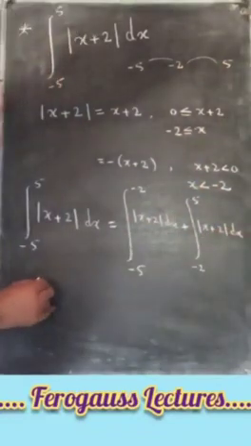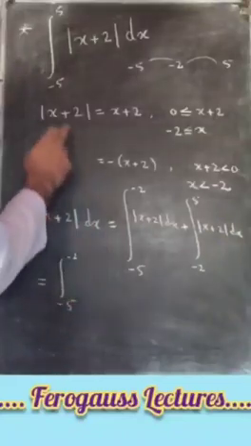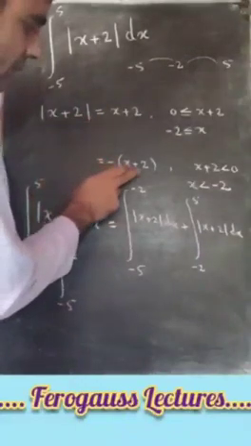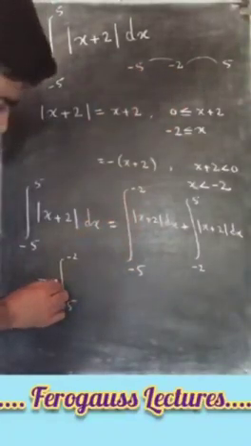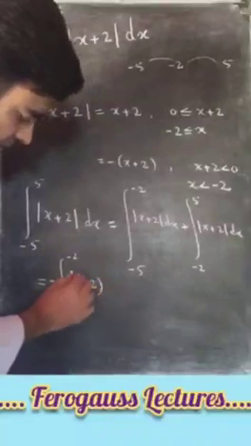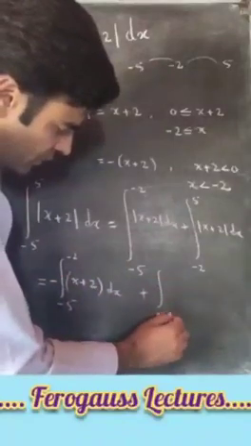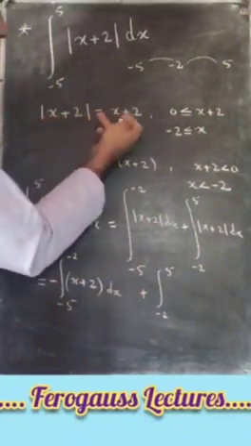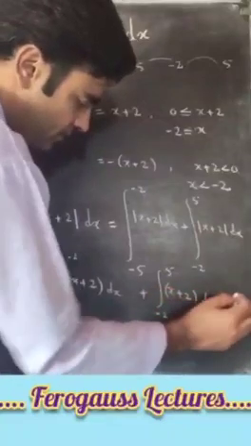That is further equal to the integral from minus 5 to minus 2, where mod of x plus 2 is equal to minus times x plus 2 in this interval, so we write a minus sign here, minus times x plus 2, dx, then plus the integral from minus 2 to 5, in this interval mod of x plus 2 is equal to x plus 2, dx.